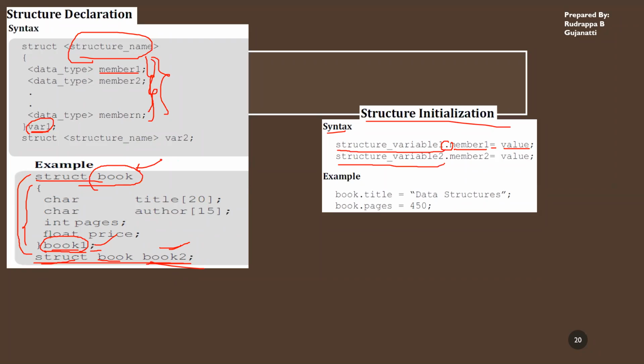Similarly, structure variable 2 dot member 2, or even member 1. Here, var1 has n members, and var2 has its own n members. Both sets of members 1 to n are different for var1 and for var2.